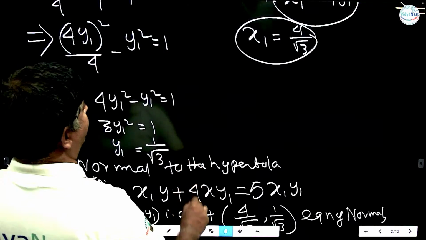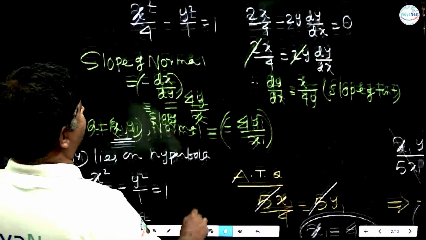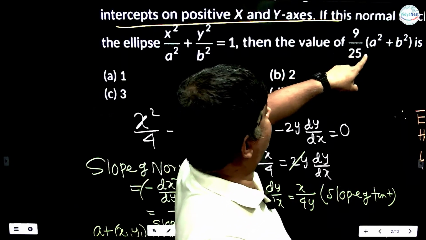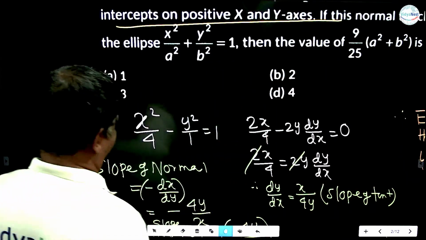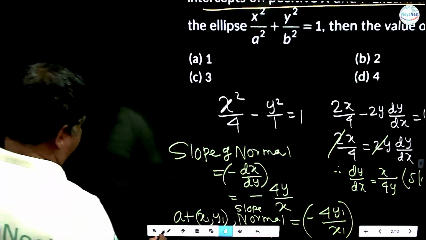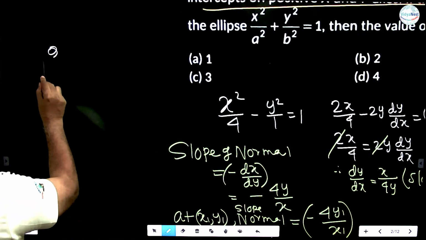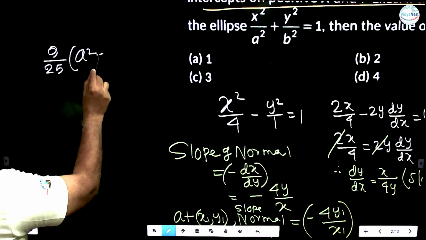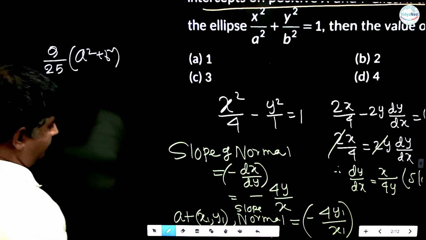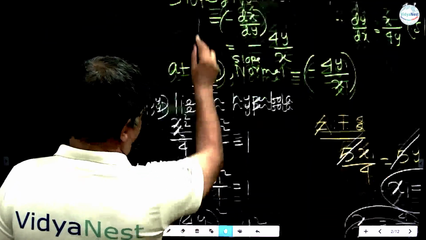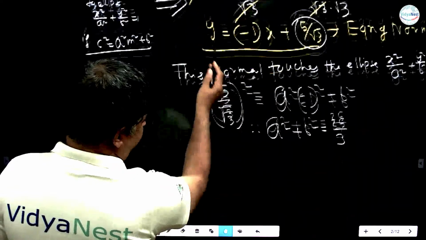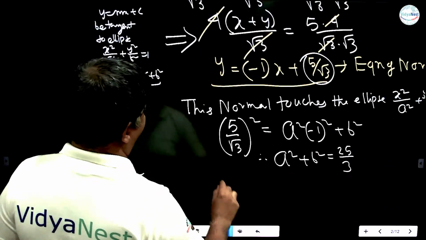We are told to find what? Just looking at a glance. We are told to find 9 by 25 into a square plus b square, and a square plus b square's value we got just now, 25 by 3.